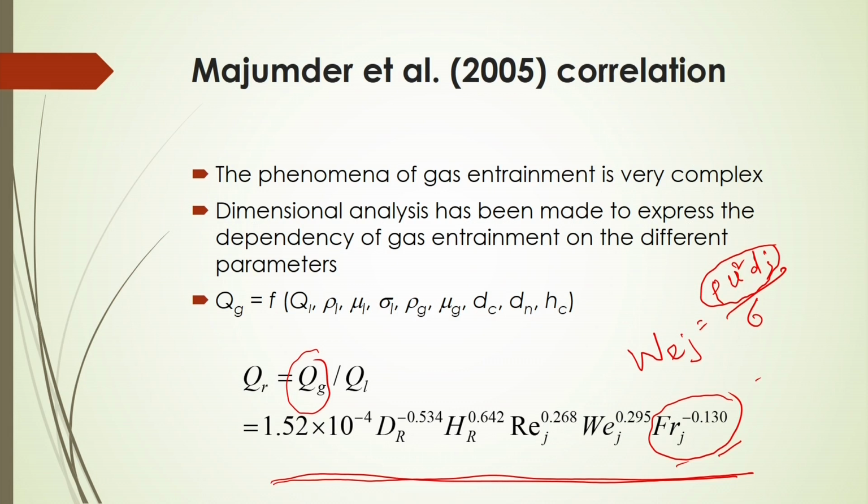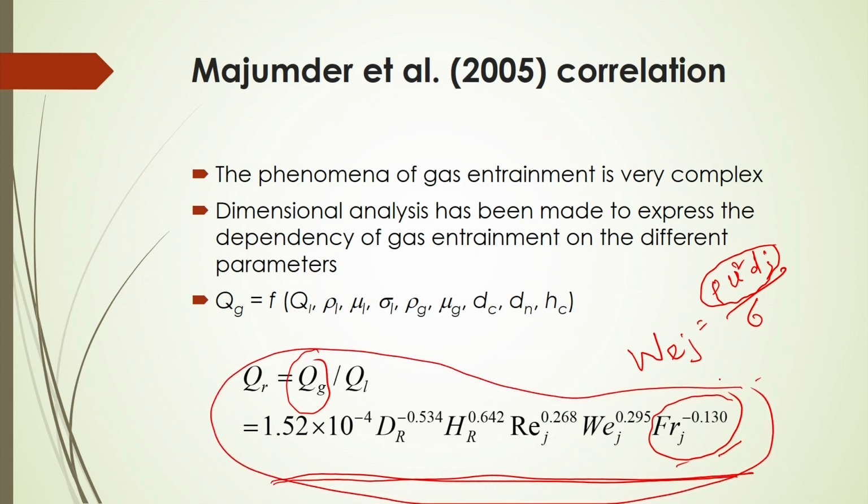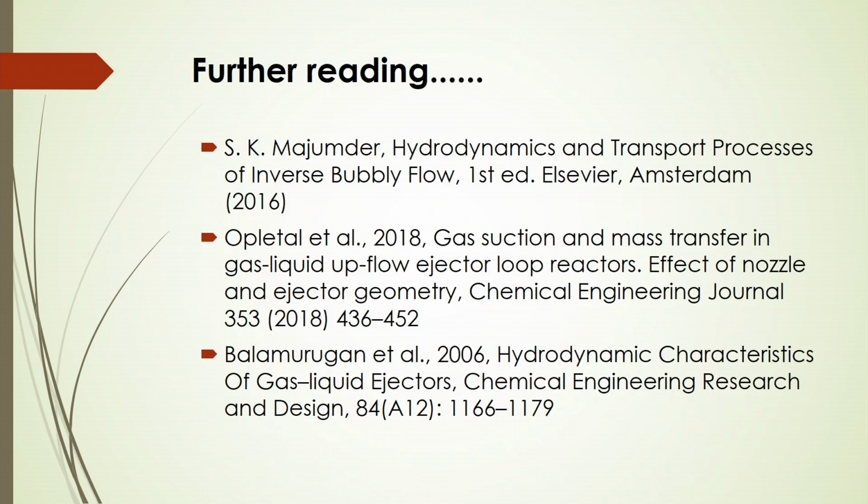Based on these correlations you can obtain the amount of gas entrained in the pool of liquid by this liquid jet system, where the ejector is used for the development of bubbles in the downflow system.